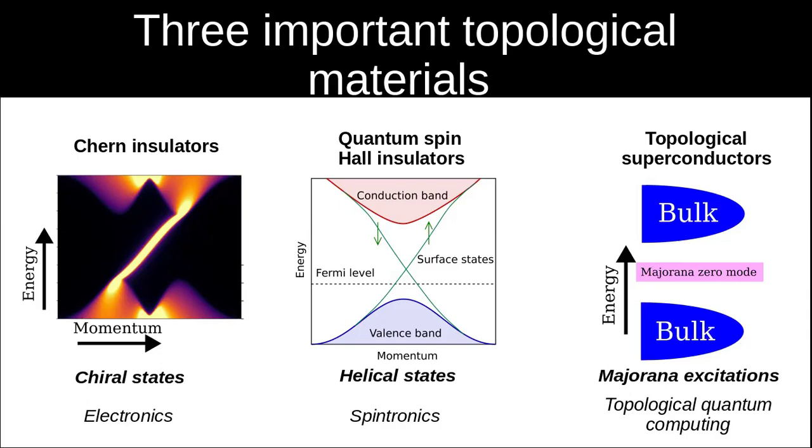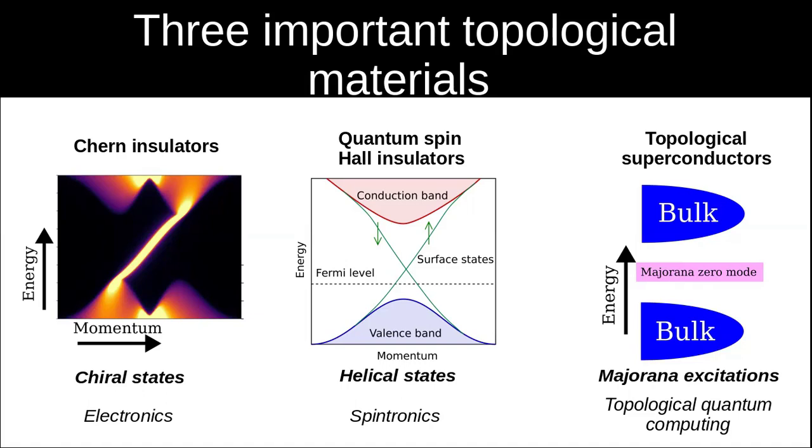In quantum spin Hall insulators, excitations are not chiral edge states, but they are helical, meaning that spin up propagates in one direction and spin down propagates in the opposite direction. This idea of having helical states is very useful for spintronics, because these helical edge states would allow spin transport with no electric losses, which is one of the most important ideas for spintronic applications.